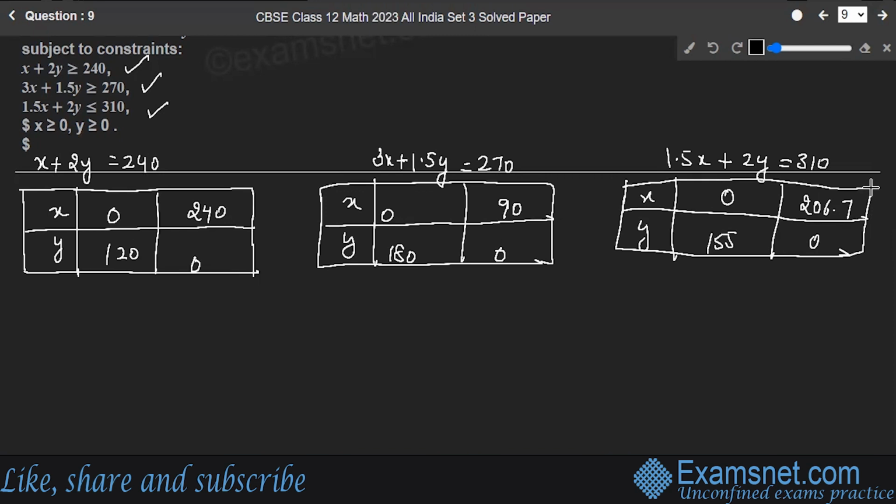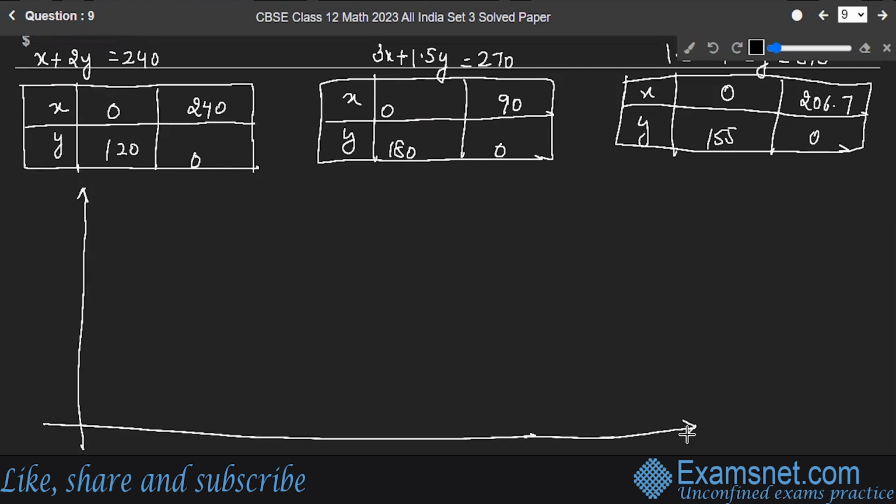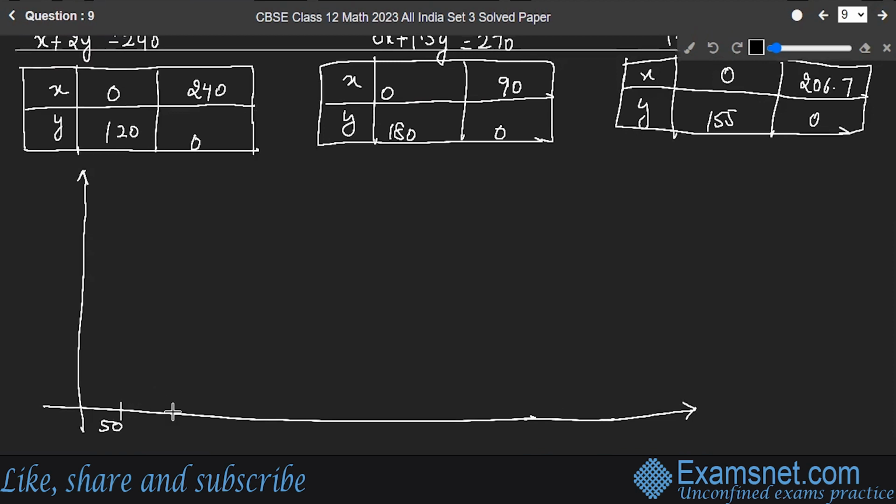Let's plot them on the graph now. You have to do this very carefully because it might create some confusion. Here is 50, 100, 200, 250, 300, and 350.